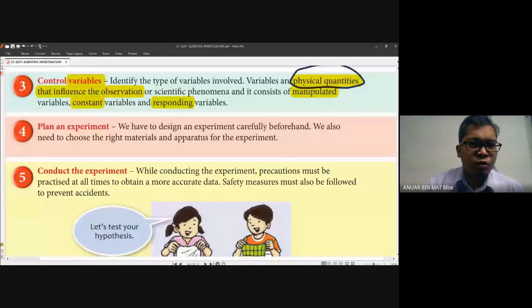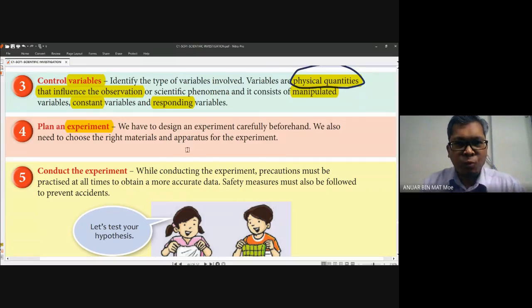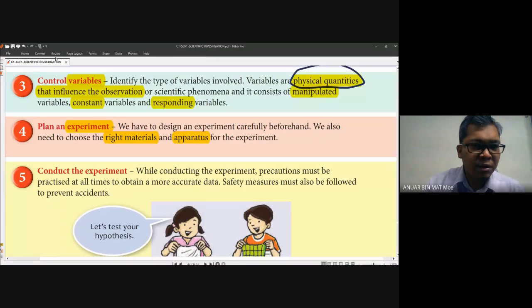So number 4. After you identify the variables, you need to plan an experiment. Why do you need to plan the experiment? Because you need to choose the right material and the right apparatus for the experiment. Now you still remember material and apparatus.